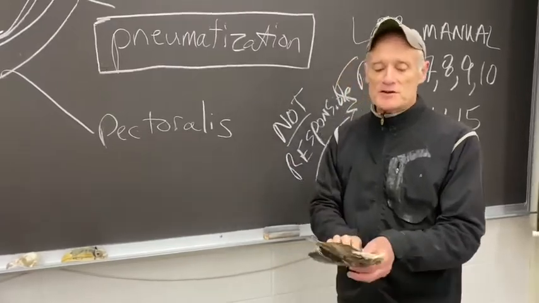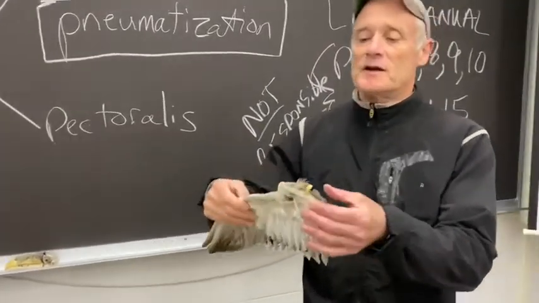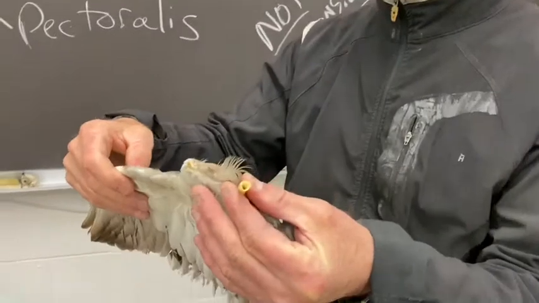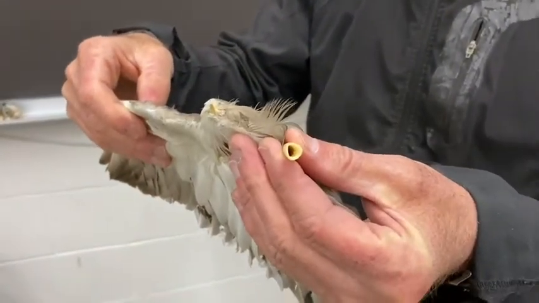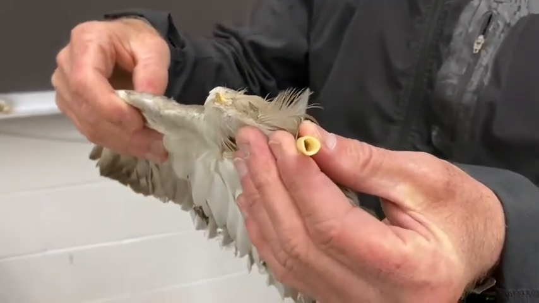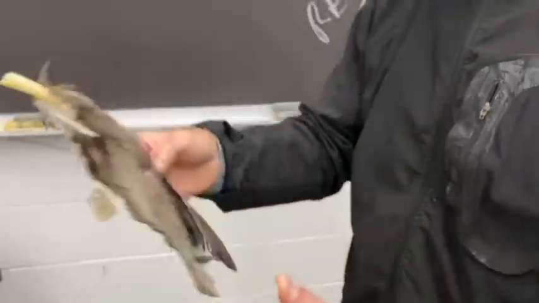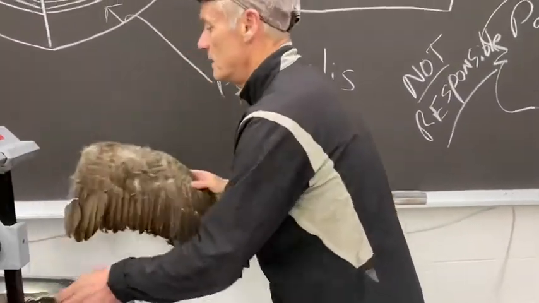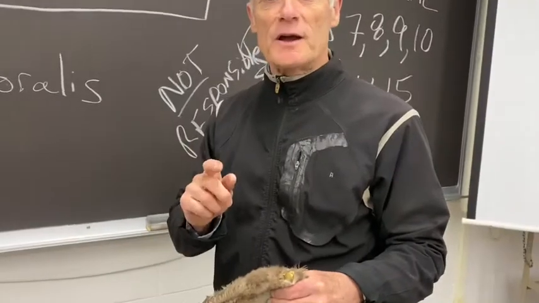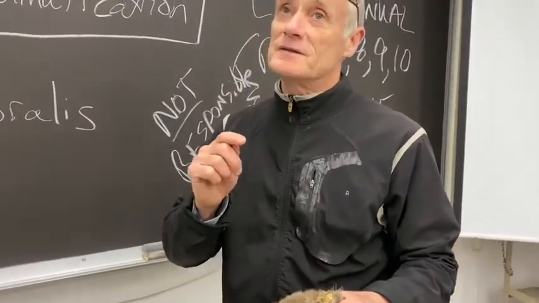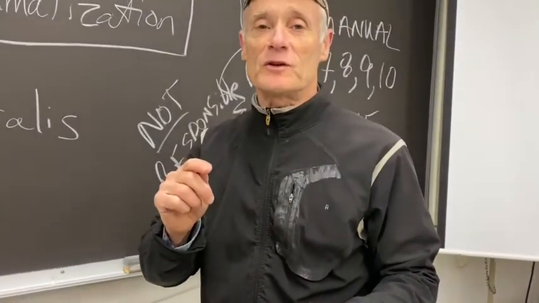out. For instance, this is a mallard wing, and this is a humerus bone right here I'm touching, and you'll notice the cavernous opening, and that creates a lightweight construct. Now, the moment you create a hollowness, the trade-off is it might not be as structurally strong.